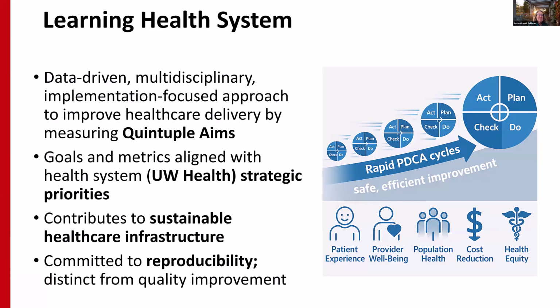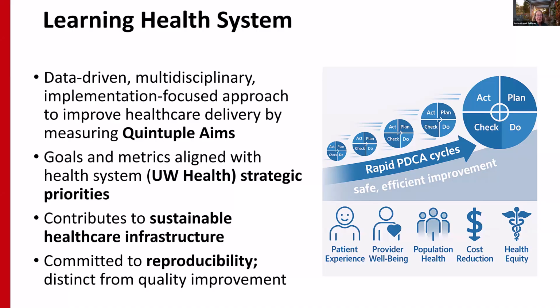A learning health system is essentially a data-driven, multidisciplinary, implementation-focused approach, that's a mouthful, to improve healthcare delivery by measuring one or more of the quintuple aims. It brings expertise from many fields, clinical informatics and biostatistics, to implementation and team science, and brings that expertise to bear on goals that are closely aligned with the strategic priorities of the local health system, in our case, the UW Health.